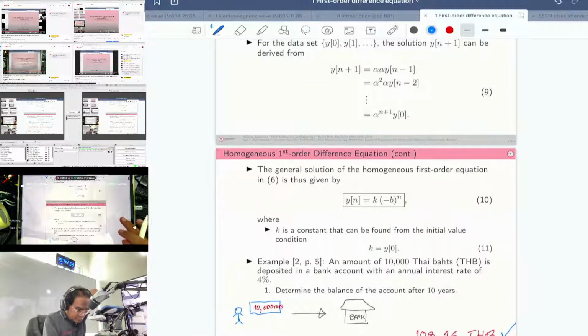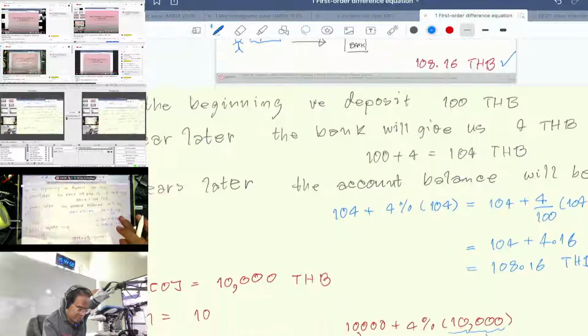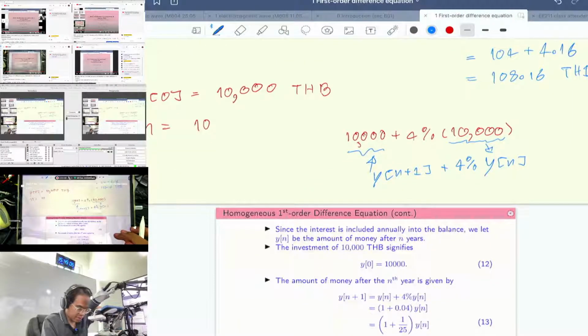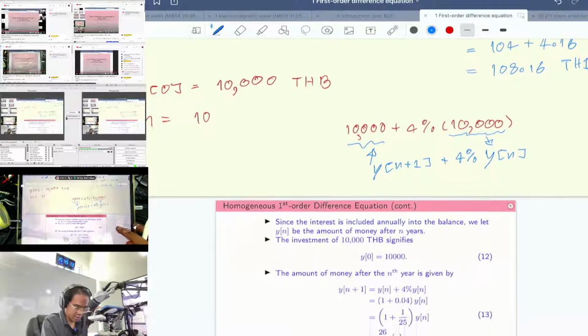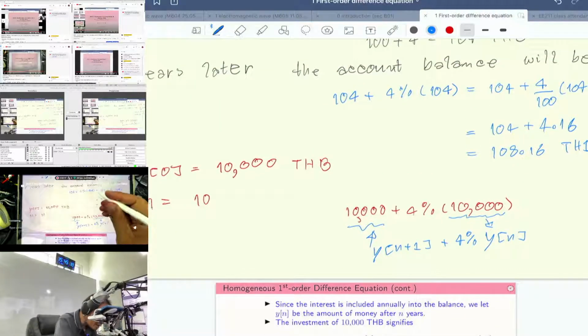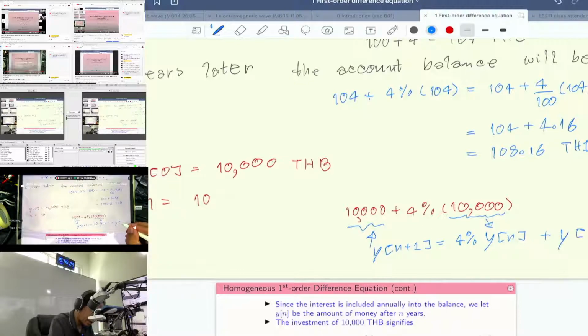Equal to 0, right? So should we write down here 0 equal to 0 or what? Yes, they have y0 as 10,000. Oh, here, no, it's not the case. My God, it's wrong here. This one is for yn plus yn.